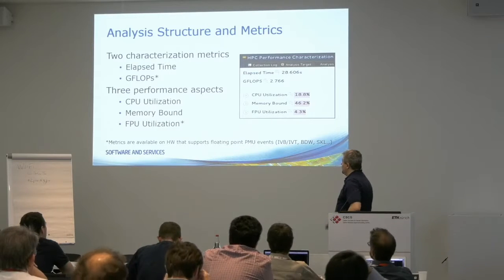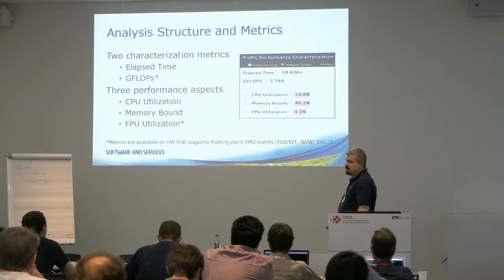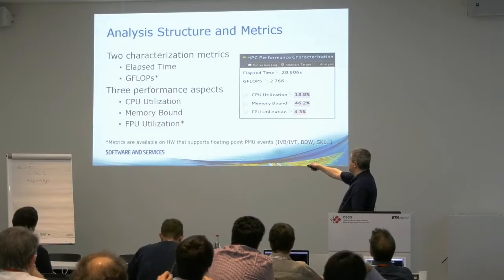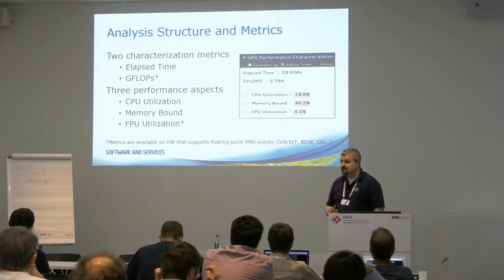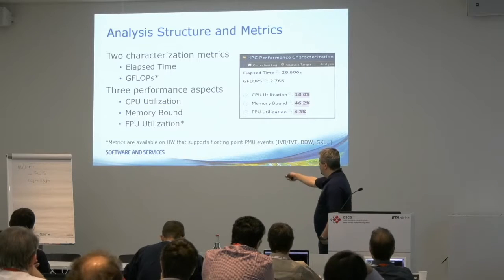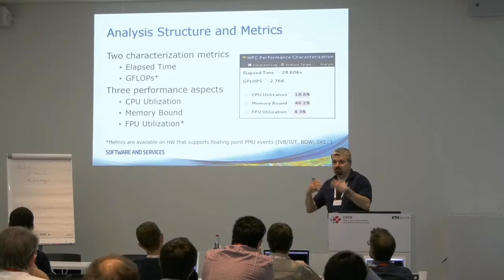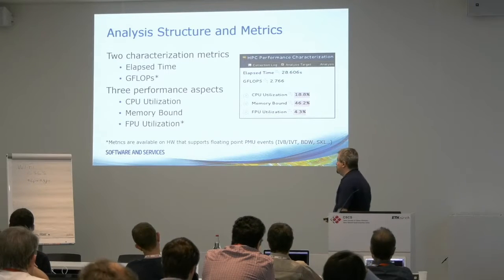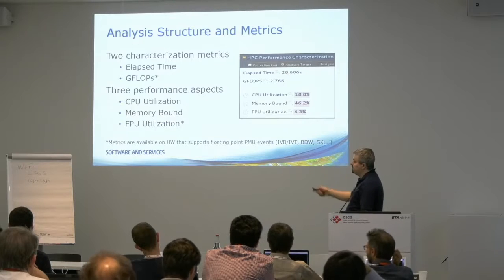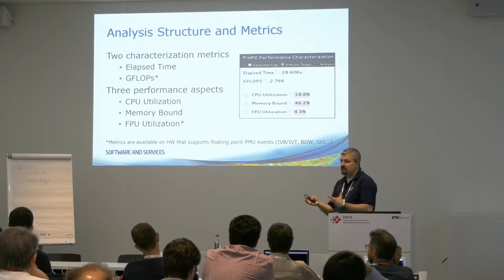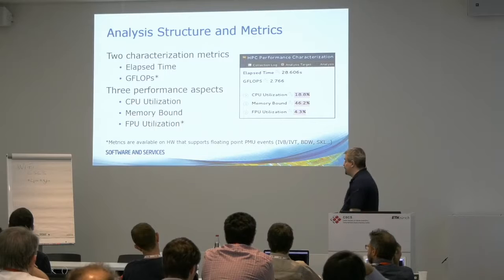Anyways, okay. Three performance aspects are reported. CPU utilization, so that means how well you utilize the individual cores of your system. The memory boundness, in a percentage of how much your code is memory bound. And then again, the FPU utilization, giving you some indication whether or not you're using the FPU well.